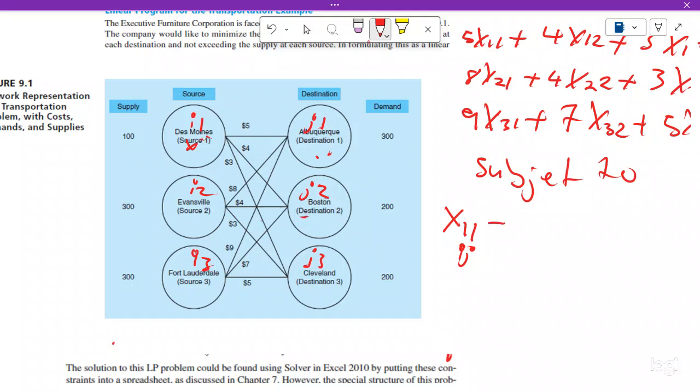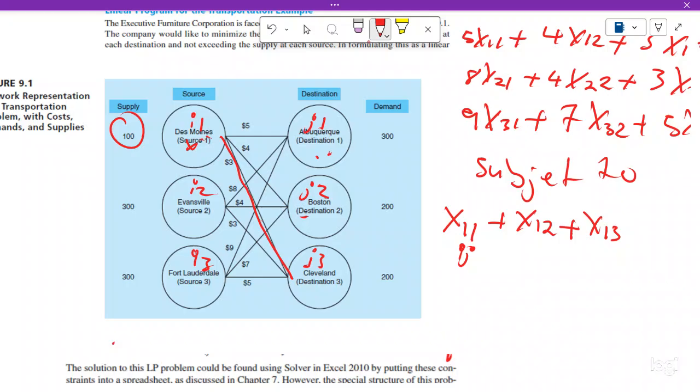So it's going to be plus x1, again we're coming from there, x1 going to 2. You see that? Then plus x1 going to 3, which is this one. This is what we are willing to give them. You understand? That is what we are willing to give them.